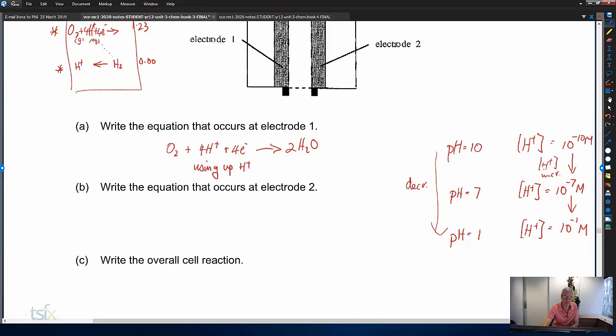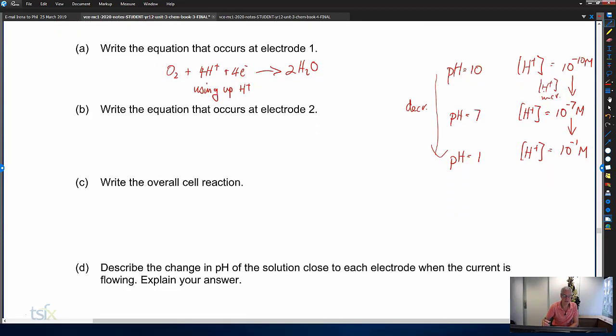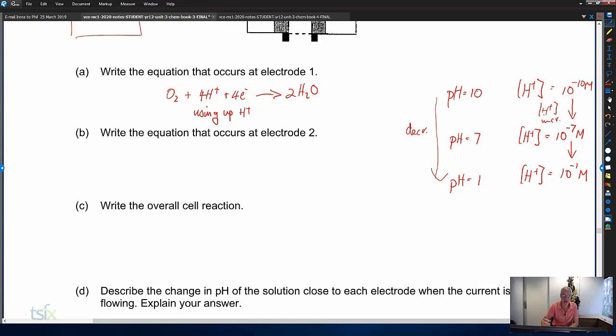H+. So in terms of describe the pH at each electrode, that was electrode 1. Let's do the answer for that by considering if it's using up H+, the concentration decreases.